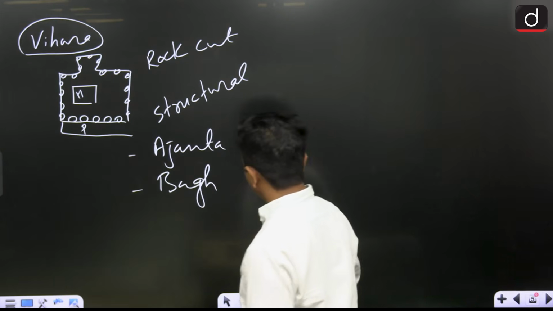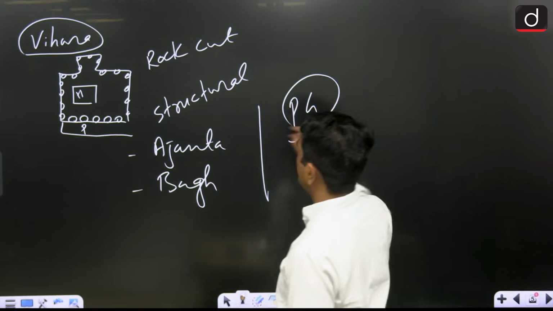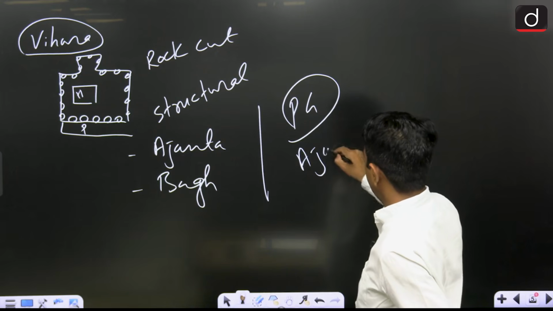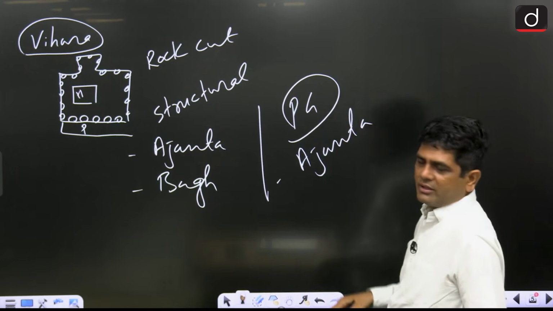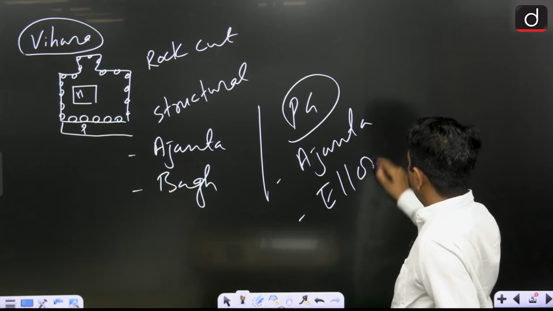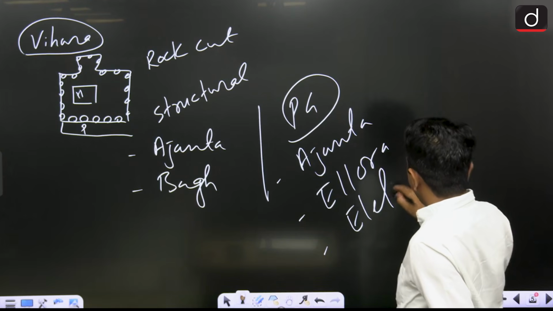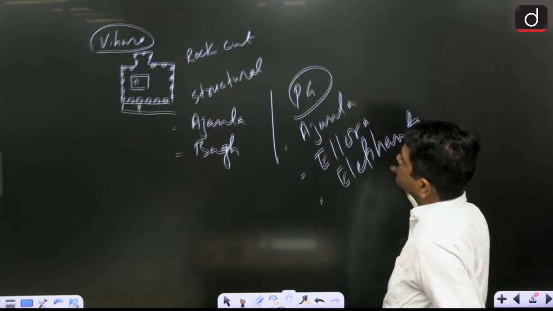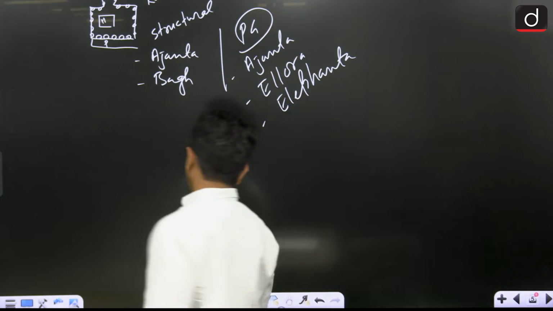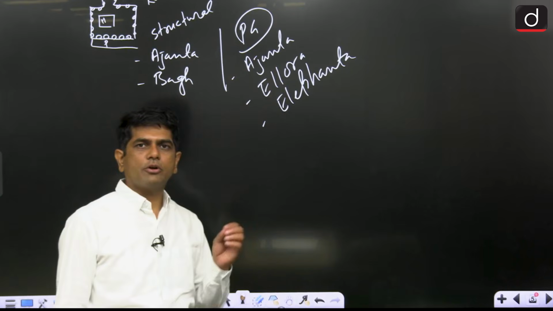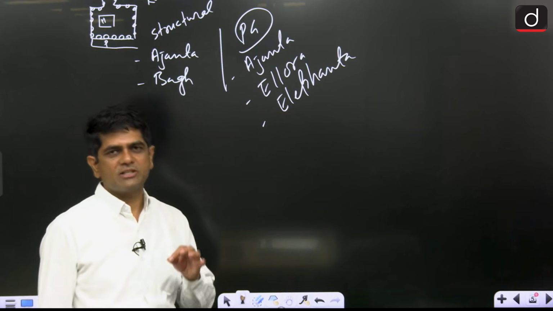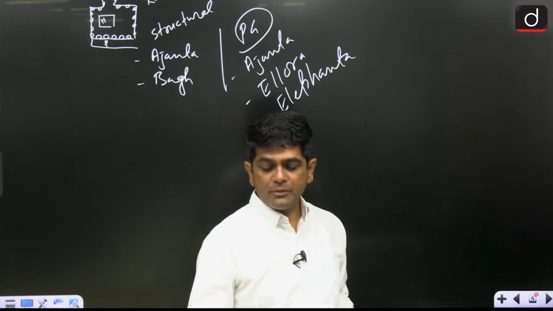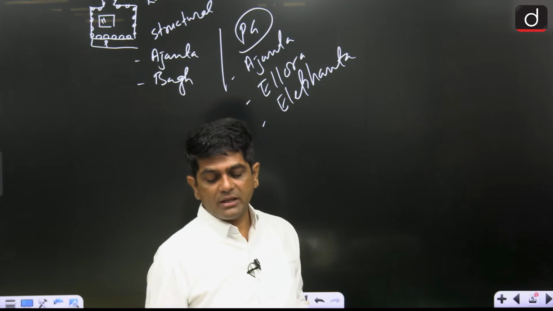Then in the post-Gupta period, we have the Buddhist rock cut caves or Buddhist Vihara at Ajanta. Getting my point? Then at Ellora, then at Elephanta as well. Then here you must memorize a few important Buddhist Viharas located in Arunachal Pradesh, Sikkim, and the Ladakh region.